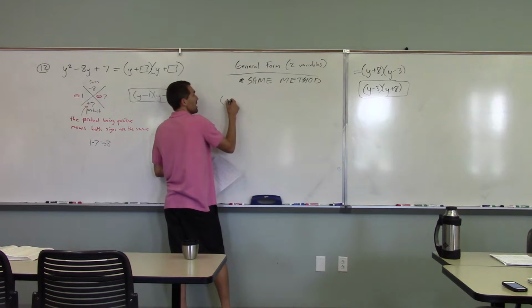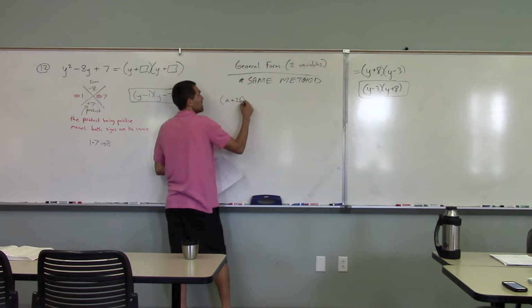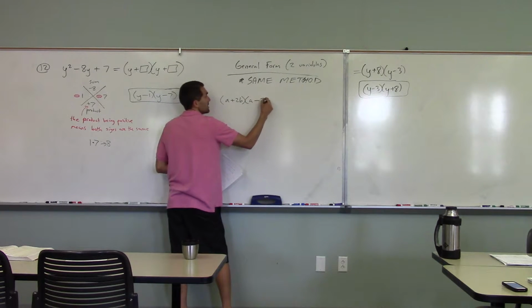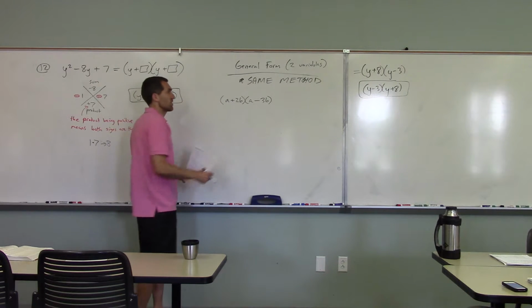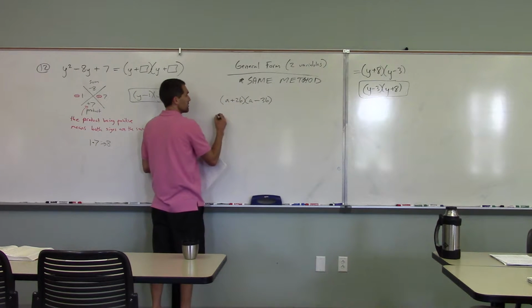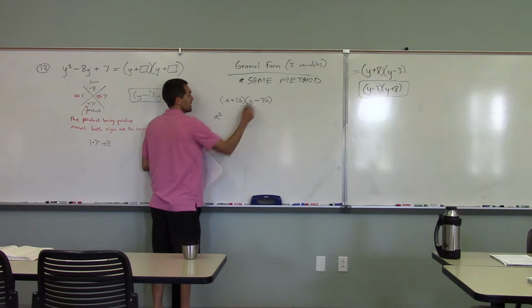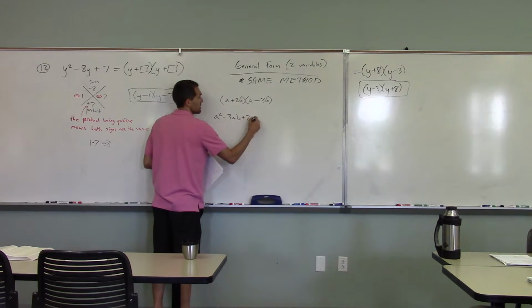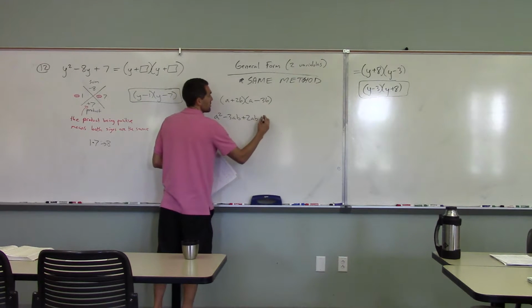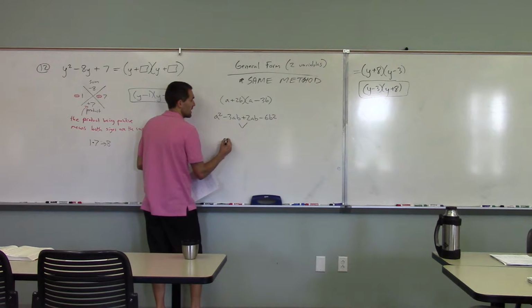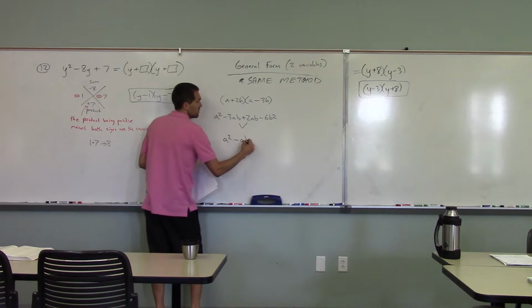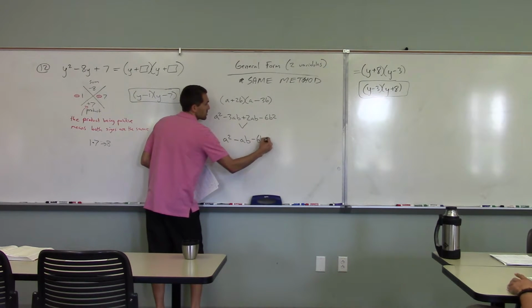So if I have a plus 2b times a minus 3b, and I multiply these together, I multiply my a's times my a's, my a's times my b's, my b's times my a's, my b's times my b's, and I combine and I get a squared minus ab minus 6b squared.